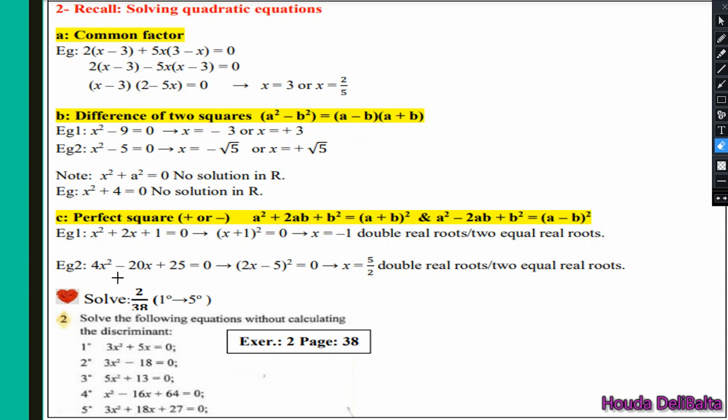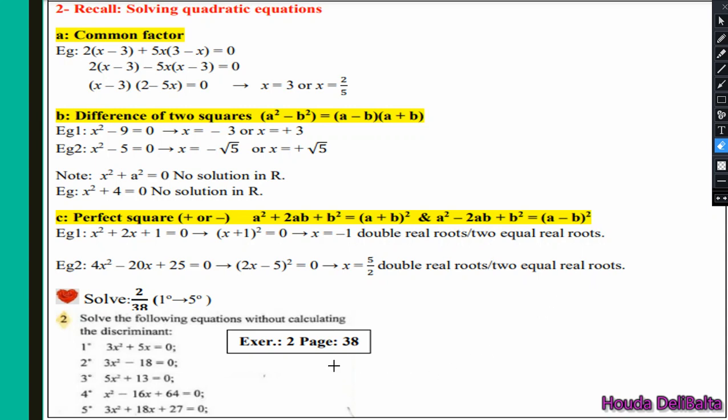So the term in the middle is there to make sure of applying the identity. Now 2x minus 5 squared is 0, then x is definitely 5 over 2, and again, as I told you, we call it the double root, or two equal real roots.